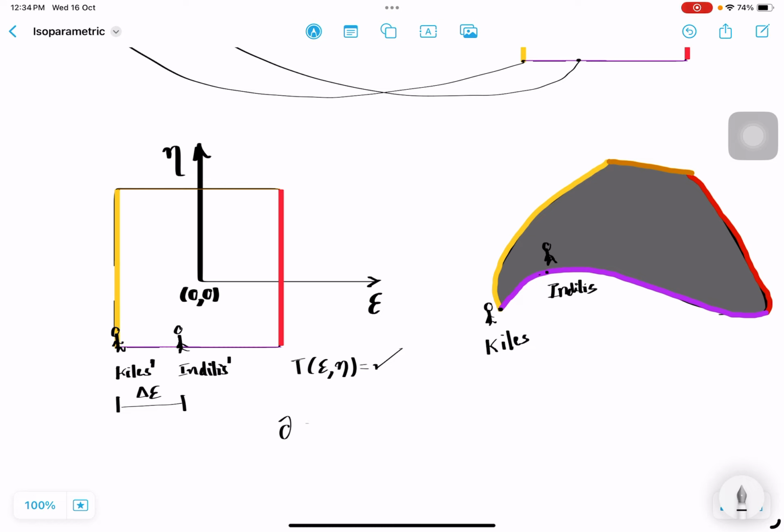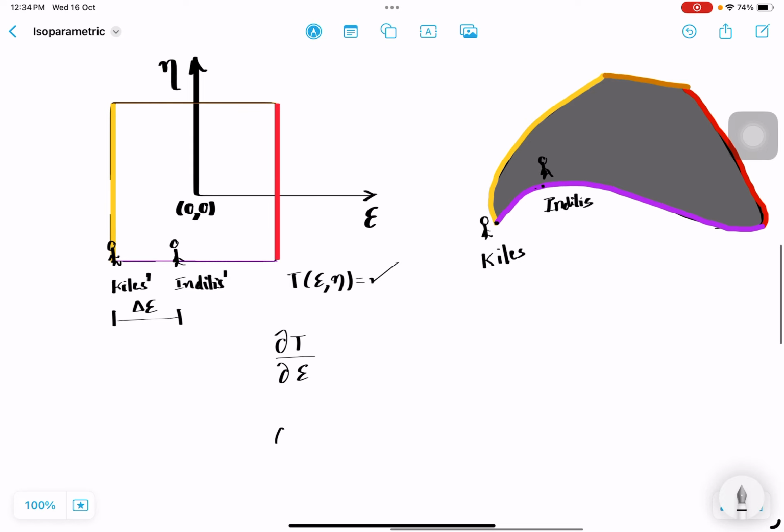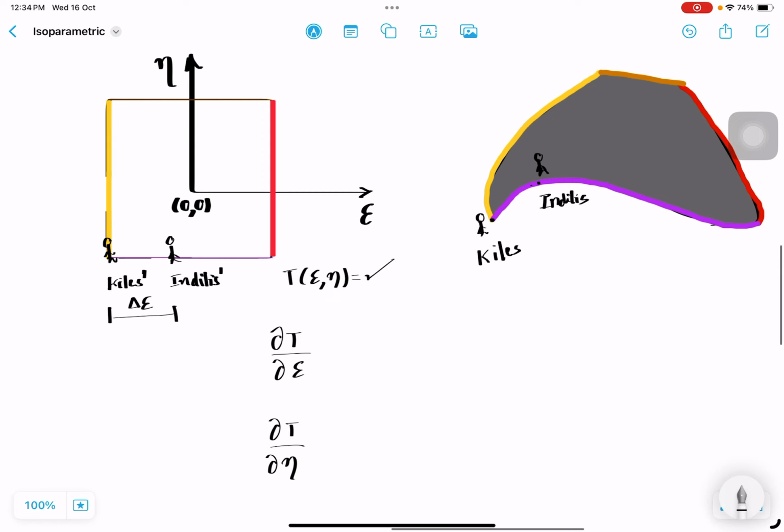So he can find the gradient dou T by dou epsilon, and he can also find the gradient dou T by dou eta. Because Jack is now traveling in this hypothetical world from the place called Kyle's dash to the place called Indus dash, he can find the total difference in temperature, because he is traveling only along the epsilon direction.